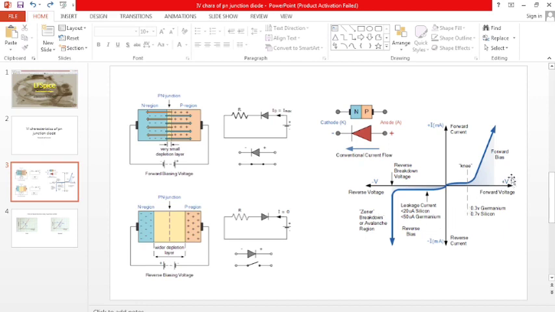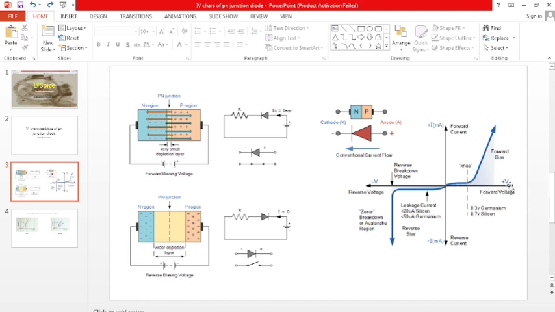The one important thing we should note is that here the x-axis is the voltage. What voltage is it? It is the voltage across the diode, not the source voltage.